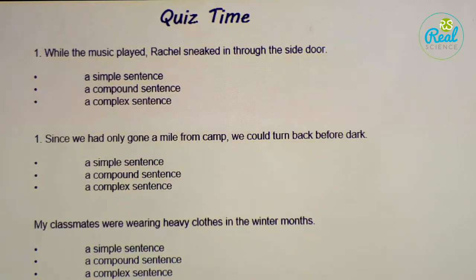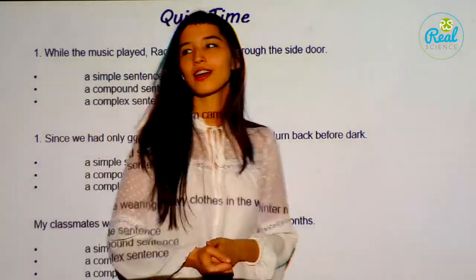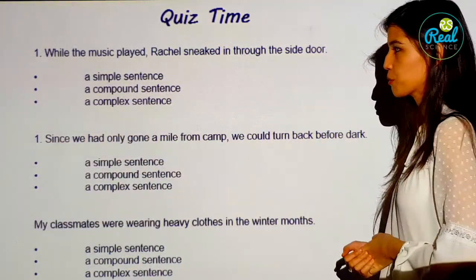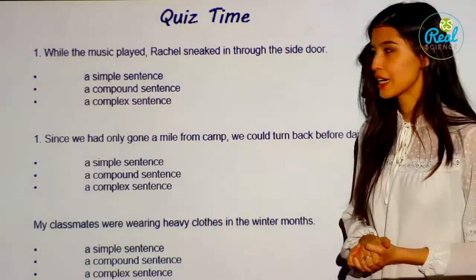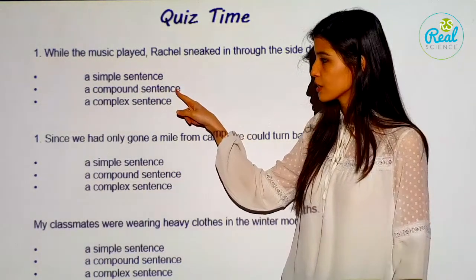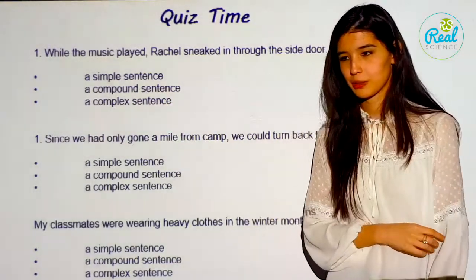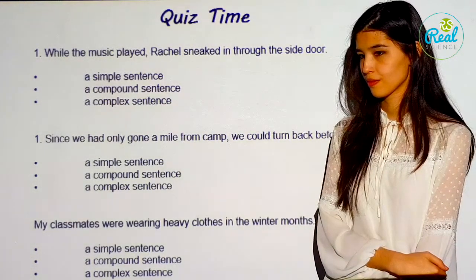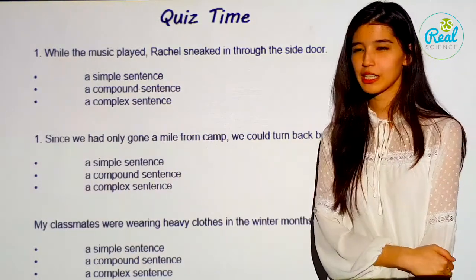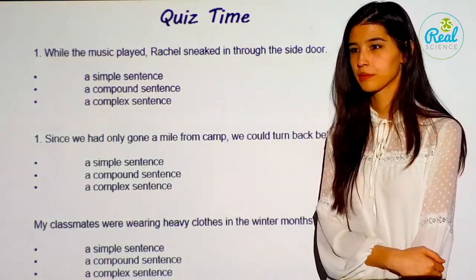Okay. This one. While the music played, Rachel sneaked through the side door. Diana, is it a simple, compound, or complex sentence? Is it complex? Why is it complex? Can you tell me?